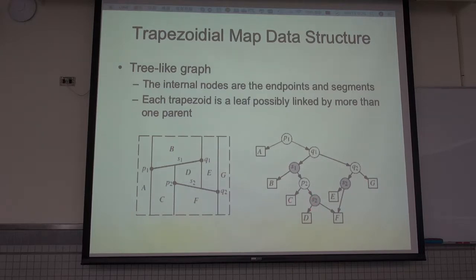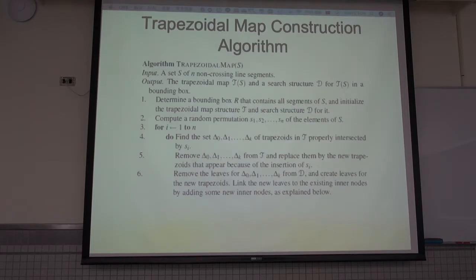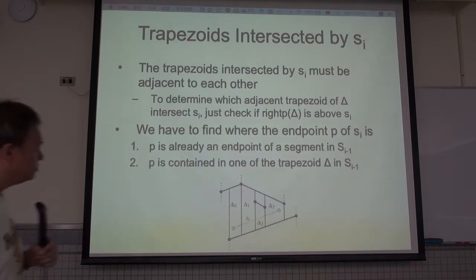So it's relatively easy to identify your neighboring trapezoid. It only takes a constant amount of time.